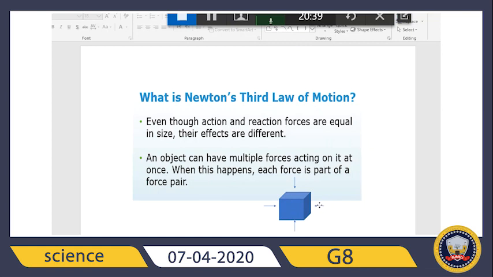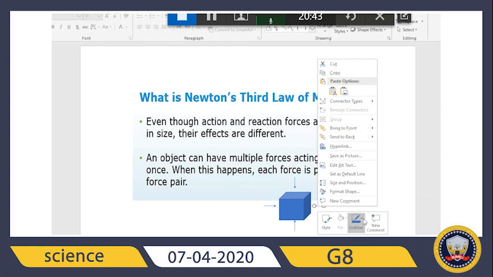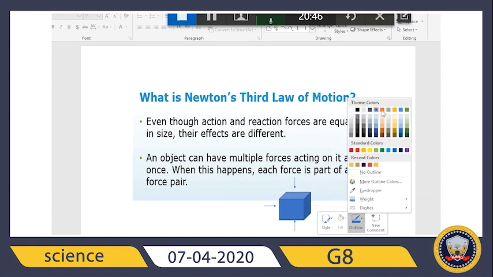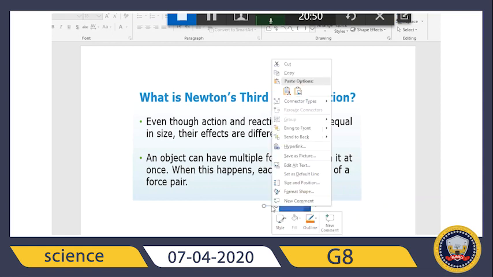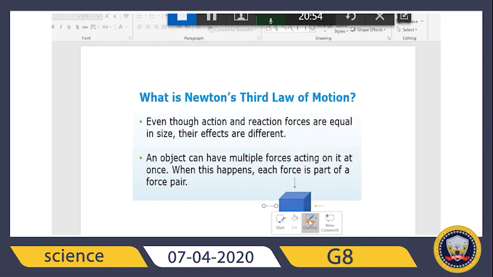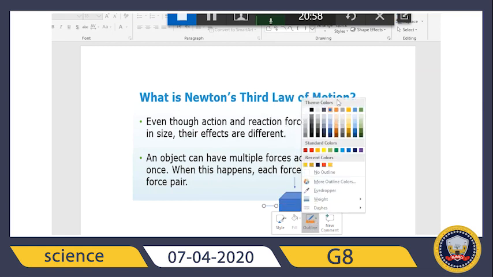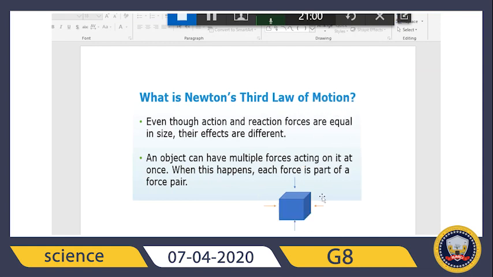So guys, as we can see here, we have multiple forces, but each actually are acting as we said in pairs. So this one, for example, is our first force pair that has the orange color. Okay, the second force pair is acting downward and upward.